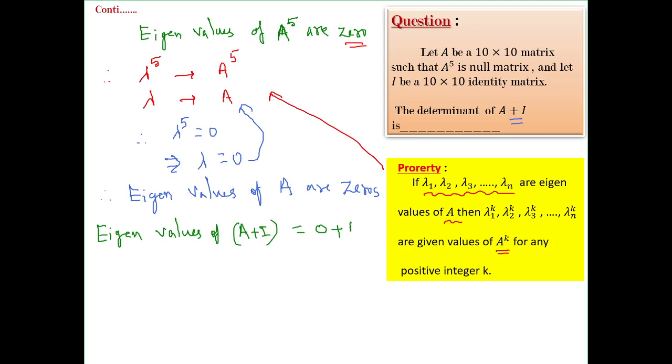So 0 plus 1 is 1. Therefore the eigenvalues of the matrix A plus I are all ones.